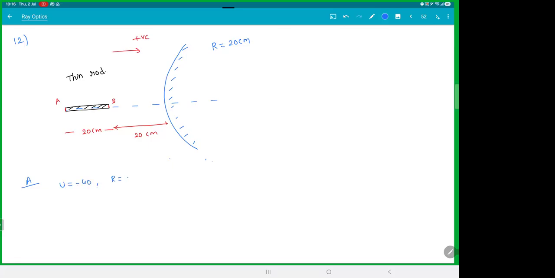Radius of curvature is plus 20. Focal length is 10. So 1 by v plus 1 by minus 40 is equal to 1 by 10. So v is equal to 8 centimeters. For B, u is equal to minus 20. Radius is equal to 20. Focal length is equal to 10.